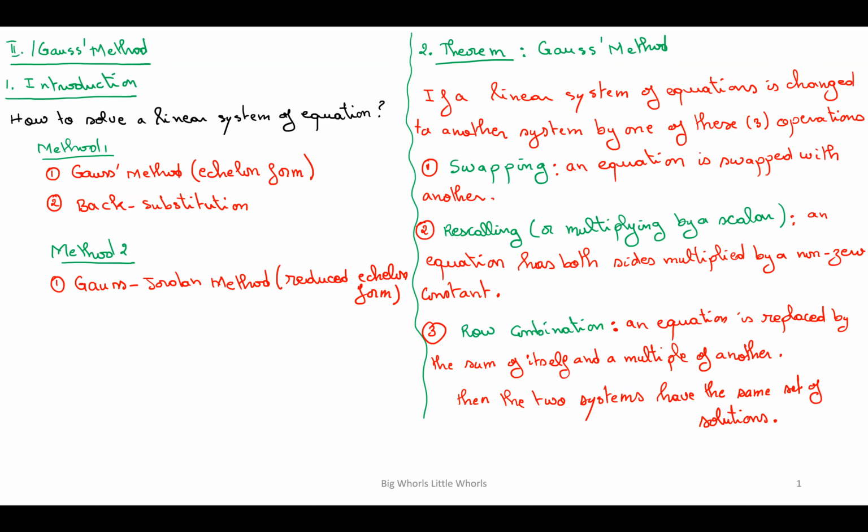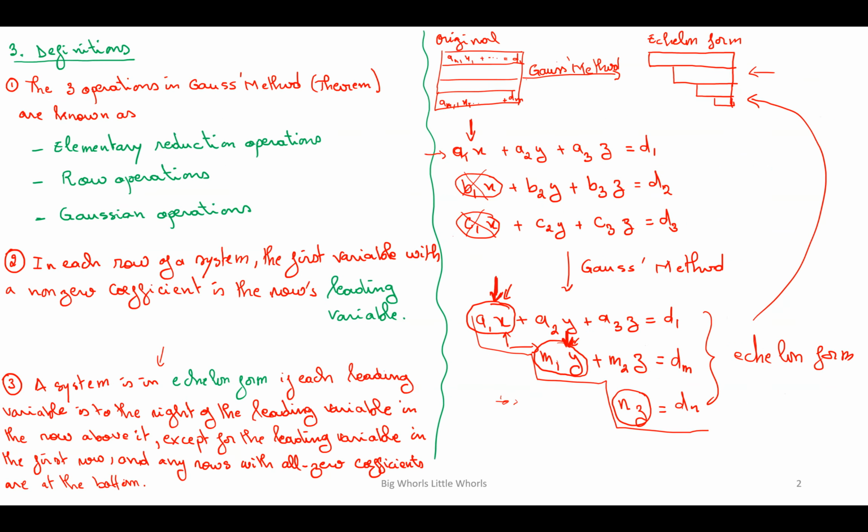But in this video we discussed Gauss's method by seeing the three operations in the theorem about Gauss's method. Those three operations are swapping, rescaling, and row combinations. They are known as elementary reduction operations, row operations, or Gaussian operations.